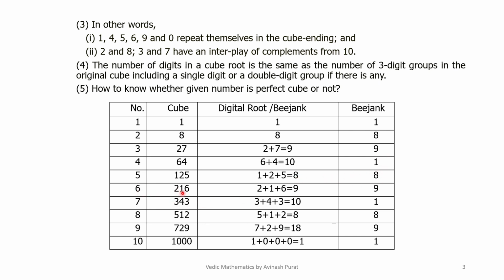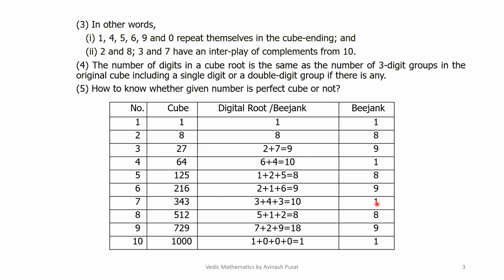Number 6, cube is 216, digital root is 2 plus 1 plus 6 equal to 9, Beejank is 9.